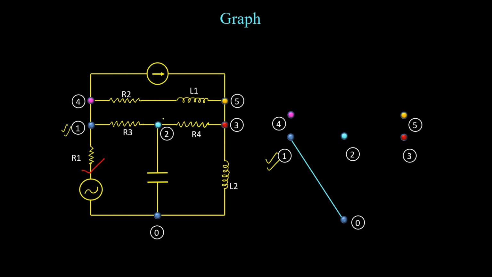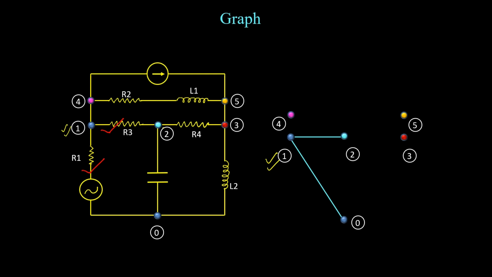Now again, from 1 to 2 we have a resistor R3 connected. It doesn't matter which element is inside the branch. So we have a connection between the first node and second node, so in the graph we are going to draw a line between 1 and 2.